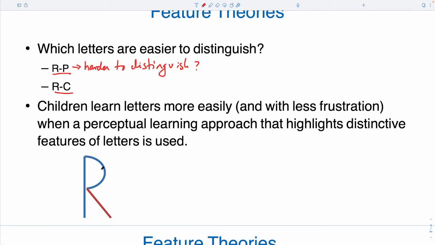What that does is it highlights what's unique about the R versus the P. So we know that kids are going to confuse the R and the P a little more than the R and the C because there's so much overlap in the features found in the R and the P. There's only one feature that is unique, this one, the diagonal. And that's the one that's unique to the R.